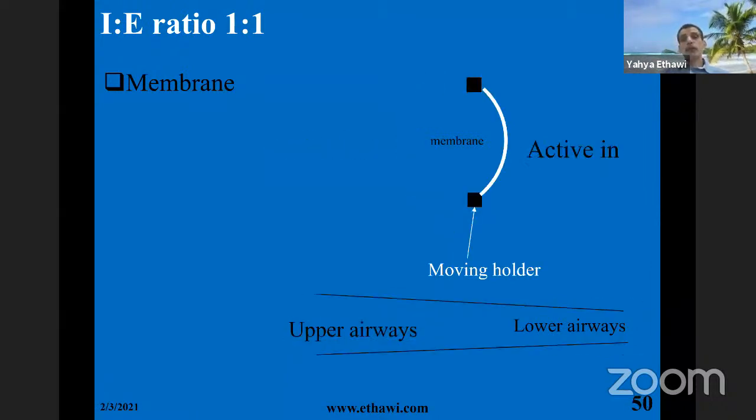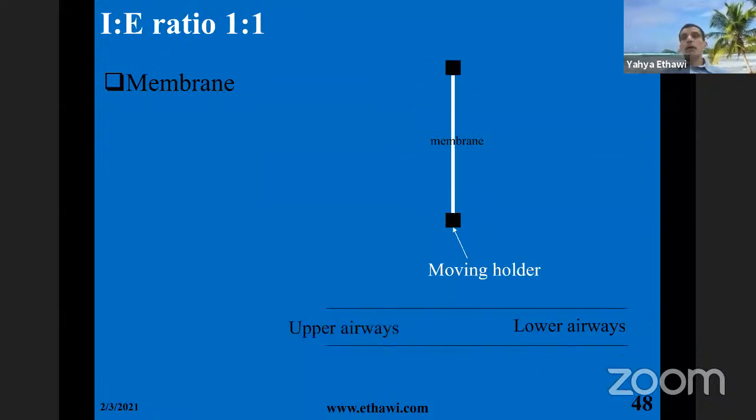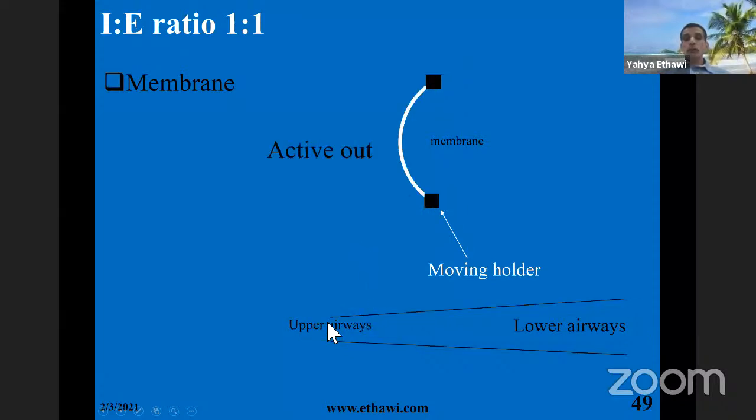So that's how it creates the ventilation from the baseline. But if you look at the baseline, the airways are equal between the upper and lower. But when you breathe out, the ventilator will suck the air from the upper airway first, and therefore the upper airway collapses because it's active out, leaving the lower airway not collapsing, and that's the reason why it causes air trapping.